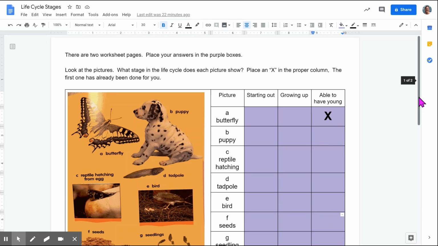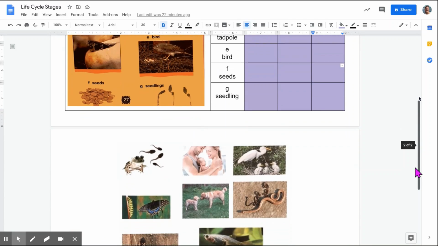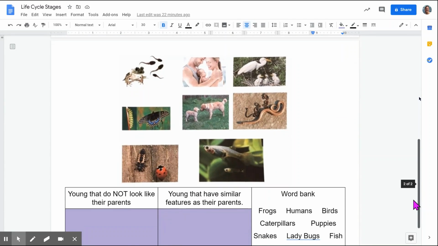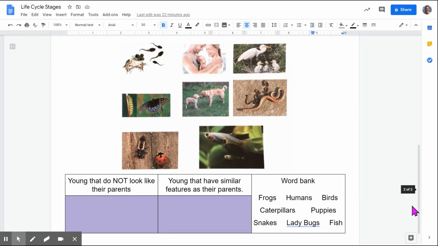I'm going to now scroll down to the second page, and that's where I shared that picture previously. Okay, and I've got a word bank, and these are actually in order from left to right with the pictures. So the first picture is a frog, or frogs. The second one is of humans, birds.